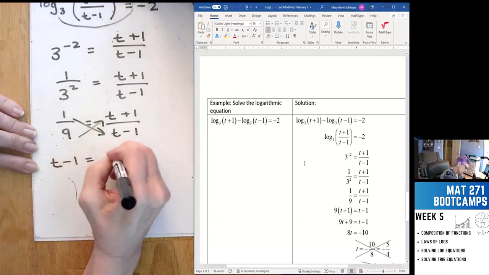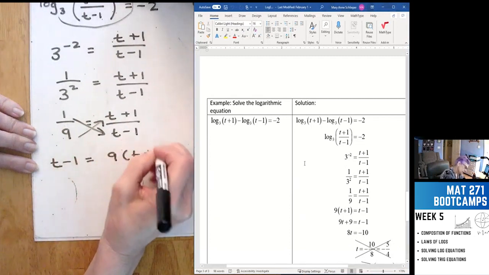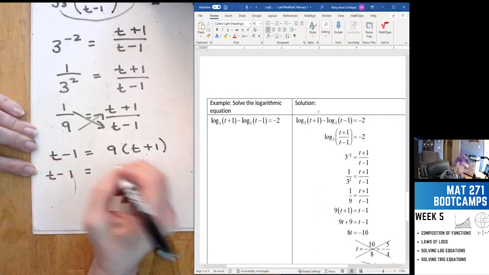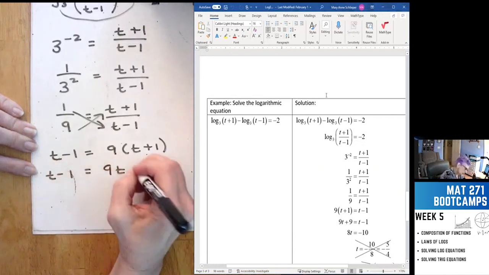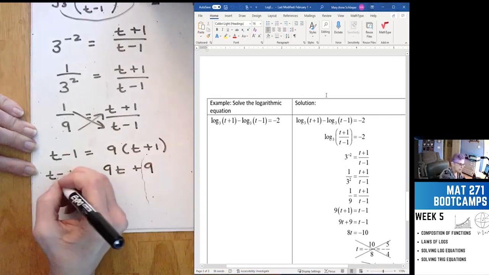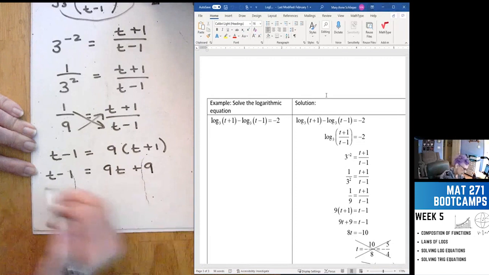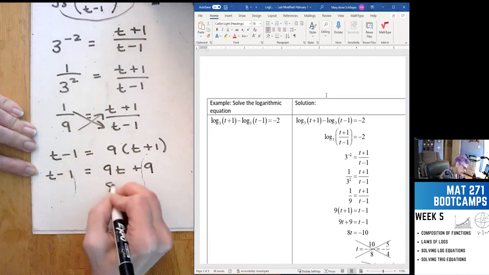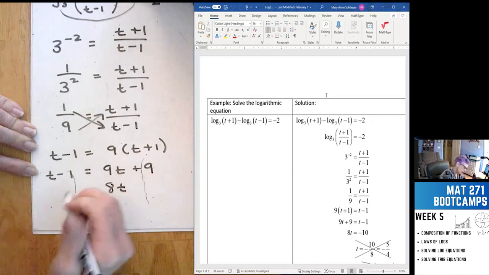I like to cross multiply. It makes me happy. So t minus 1 is equal to 9t plus 9. Let's bring all my t's over to the right-hand side just because I like positive stuff. So I subtract t, I subtract 9.